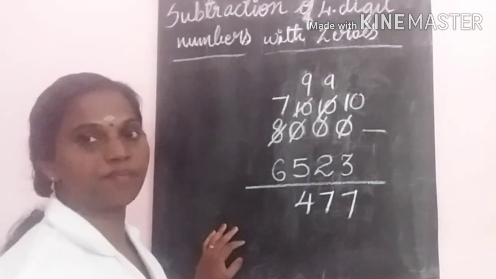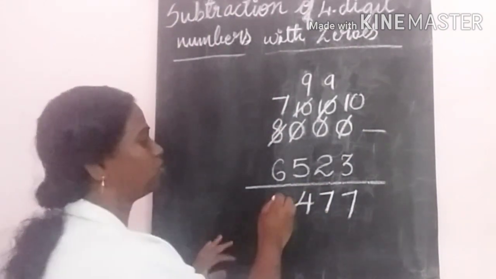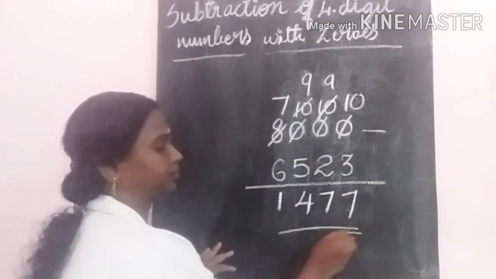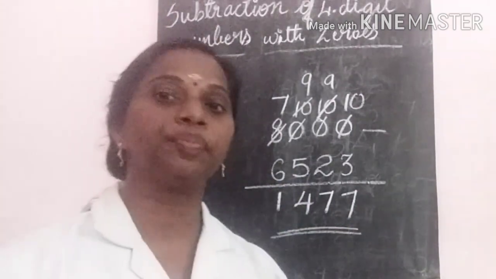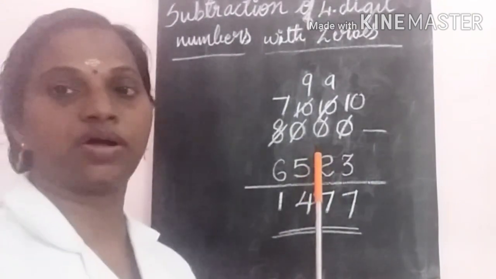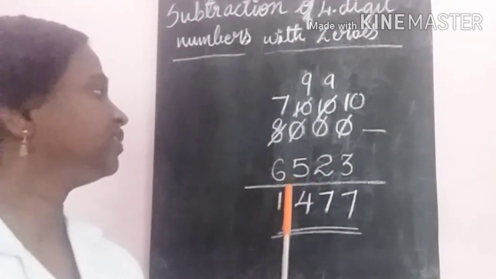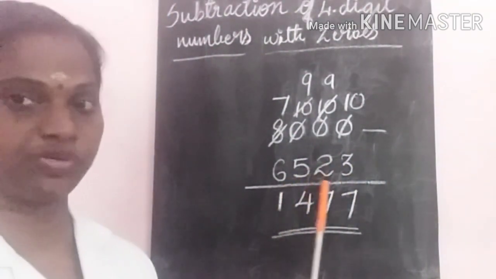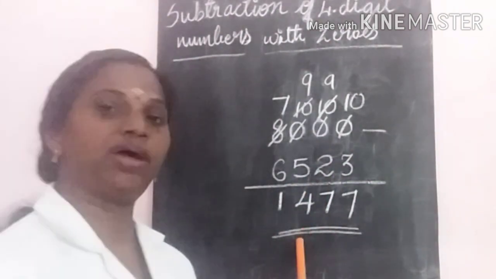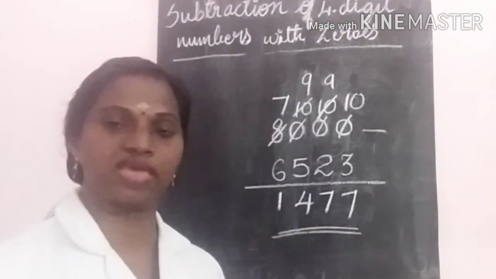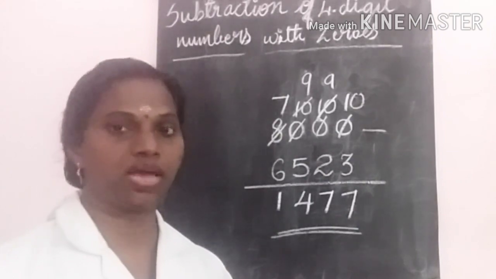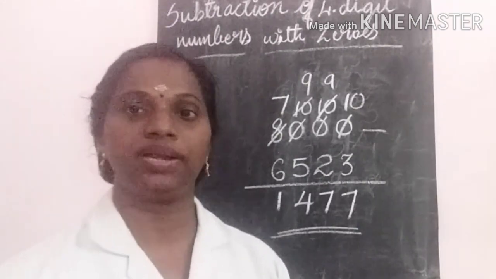Then 7 minus 6 is equal to 1. So when we subtract 6,523 from 8,000, we will get 1,477. Clear? Then one more example.